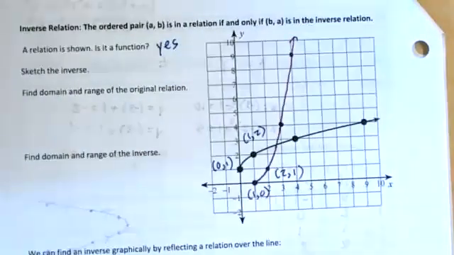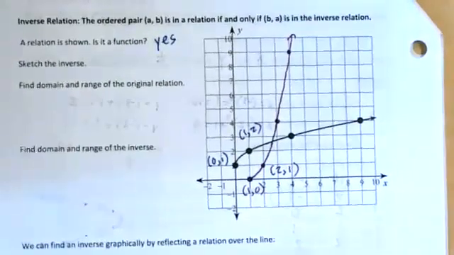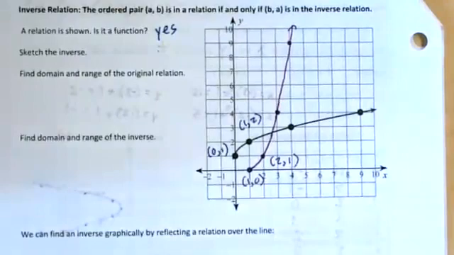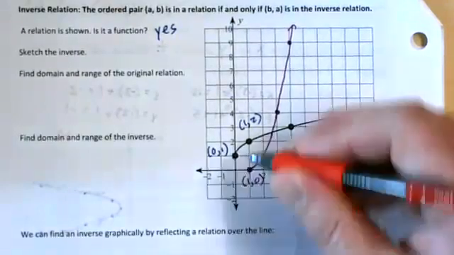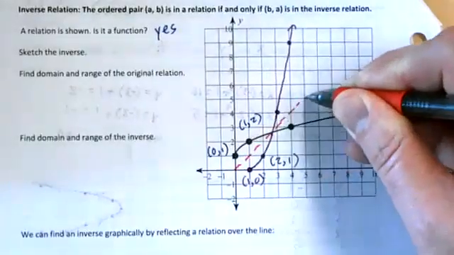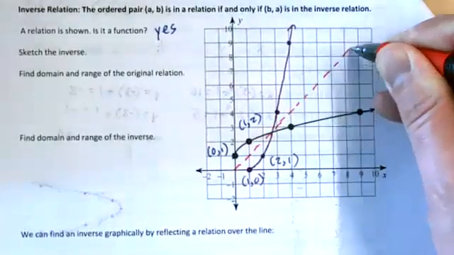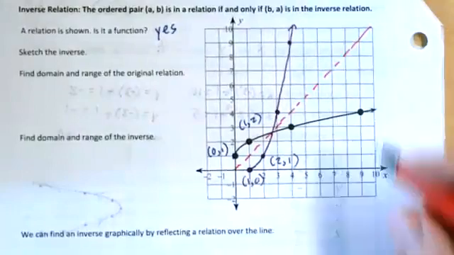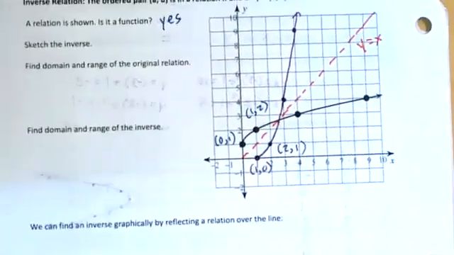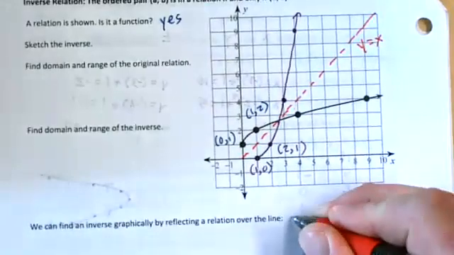Do you see some symmetry there? It turns out you can do this graphically by reflecting over a particular line. Does anybody remember what the line is? y equals x. Good for you guys. That's awesome. You had some great Algebra 2 teachers last year. So we can just reflect over the line y equals x, and I believe that's the last question in this section.